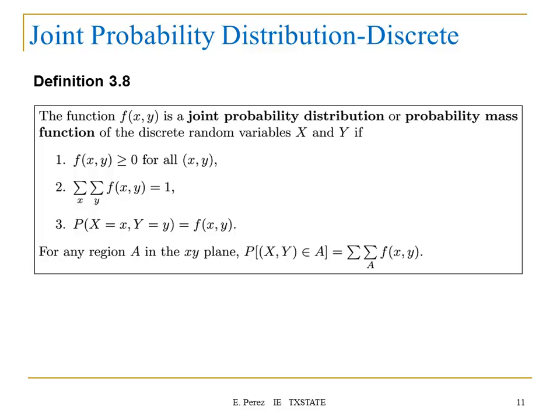And that's for a region that is described by the probability of (X, Y) being within this sample space. Okay, so again, as you see, we are using the same concepts we learned in the first part of this course: random variables, sample space, event. So that's why it's very important for you to understand those concepts. Okay.